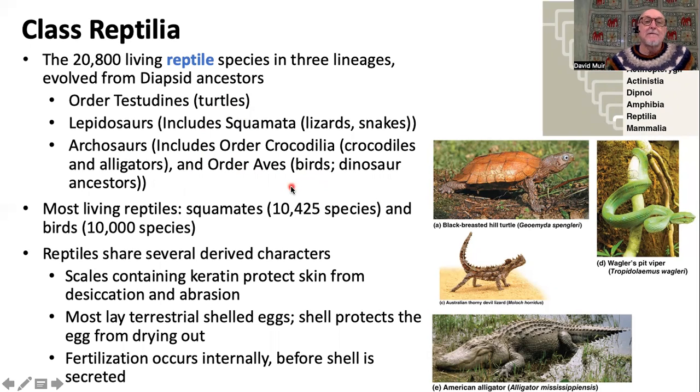The most diverse groups are the Squamata, the lizards and the snakes, and then this very successful group of the birds. Now you may sort of wonder at this inclusion of the birds in the reptiles, because there's things about them which make us think that maybe they should rather be closer to the mammals, right?